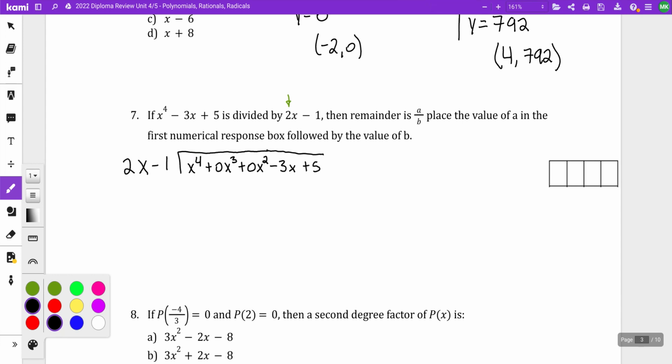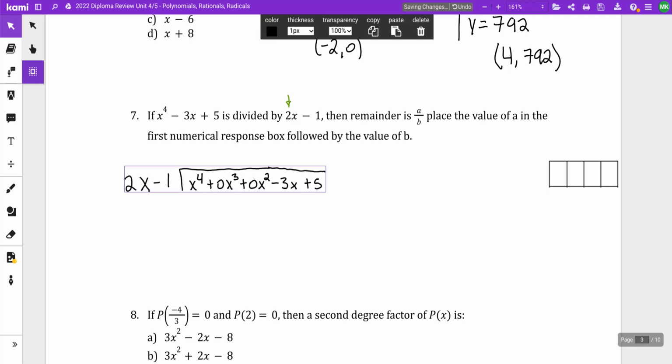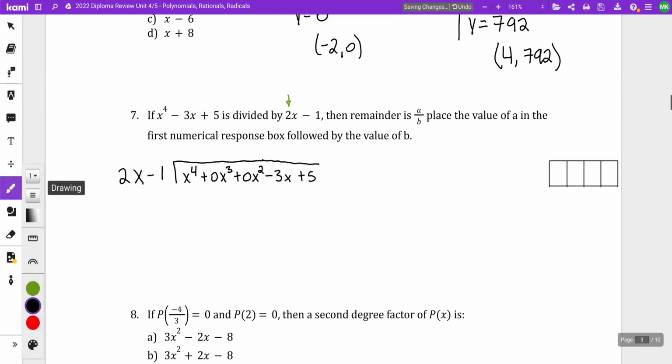I put placeholders in for the terms that actually have a 0 there. If you did synthetic division, which you can't for this question, but for something similar, you would put zeros as the constant values. So you do need to include placeholder zeros.